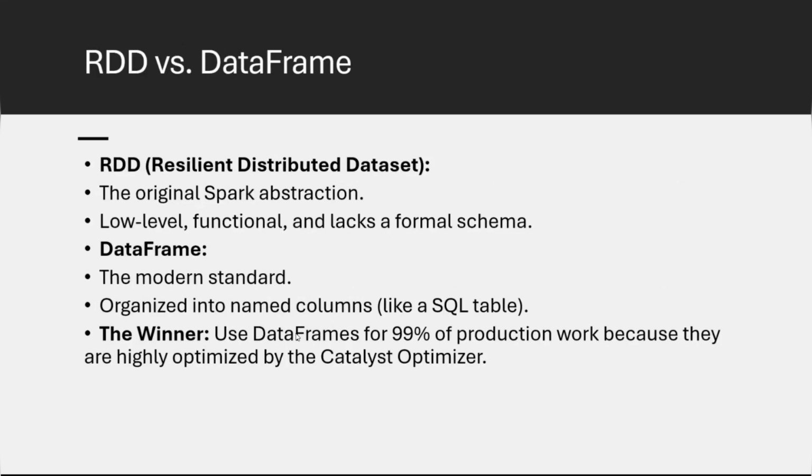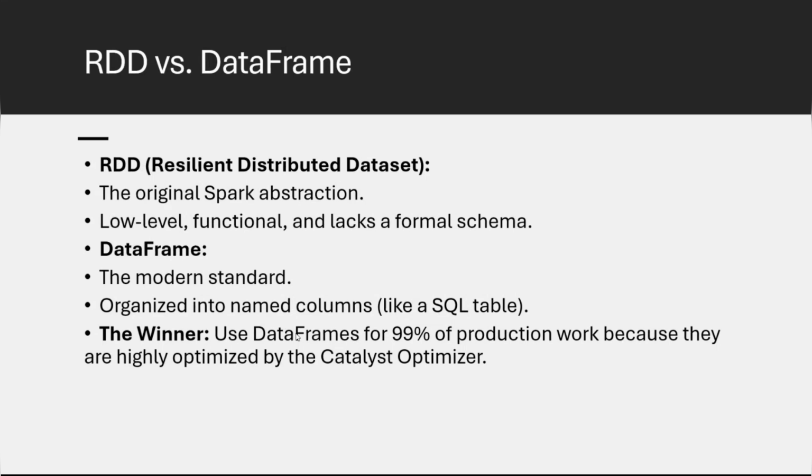The first concept we are going to understand today is RDD versus DataFrame. RDD is a Resilient Distributed Dataset, and DataFrame is the standard data frame which you know from Pandas also.